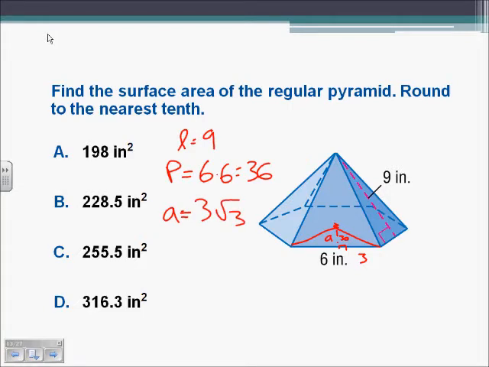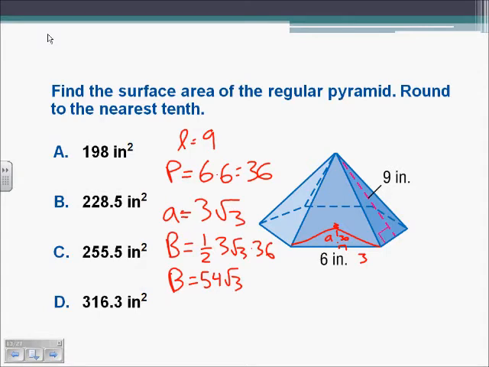So now we can find the area of the base, because our base is going to equal 1/2 the apothem, which is 3 square roots of 3, times our perimeter, which is 36. So the area of our base is going to equal 54 square roots of 3.